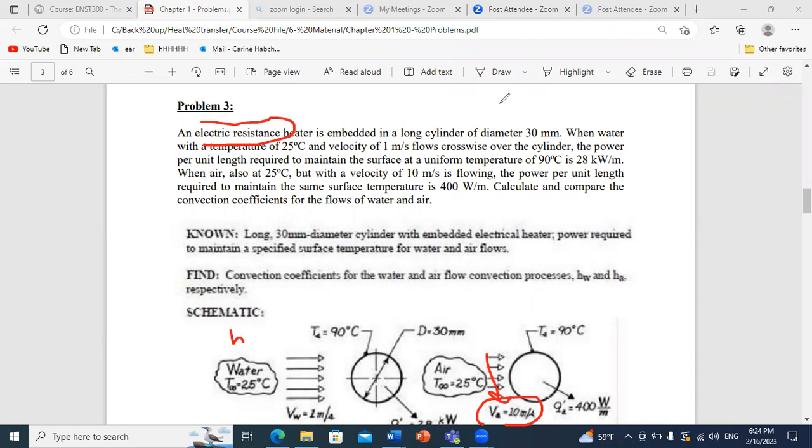We know that from convective heat transfer, h depends on several factors. It will depend on the fluid. It will depend on the temperature.